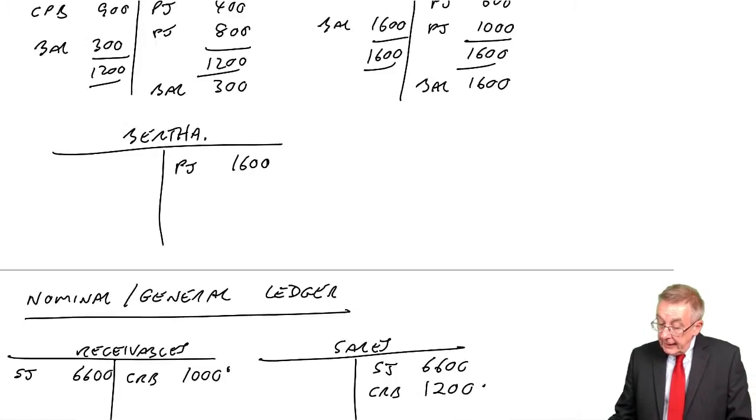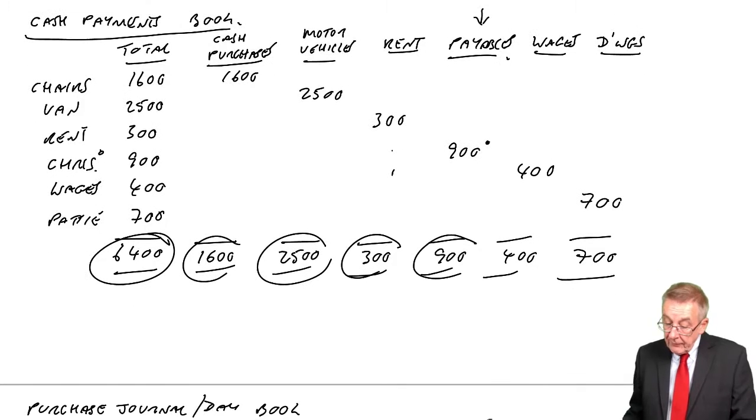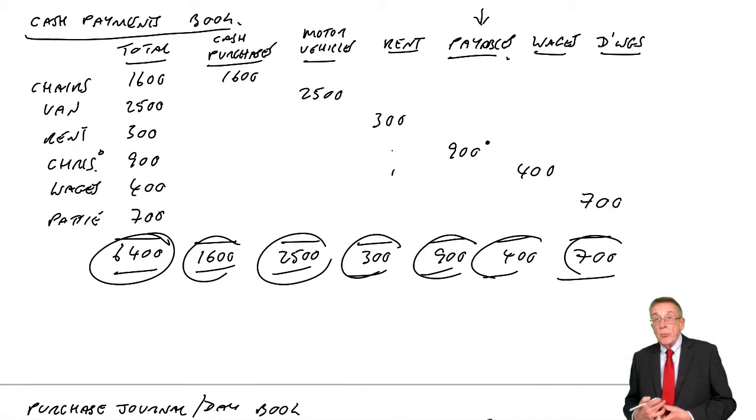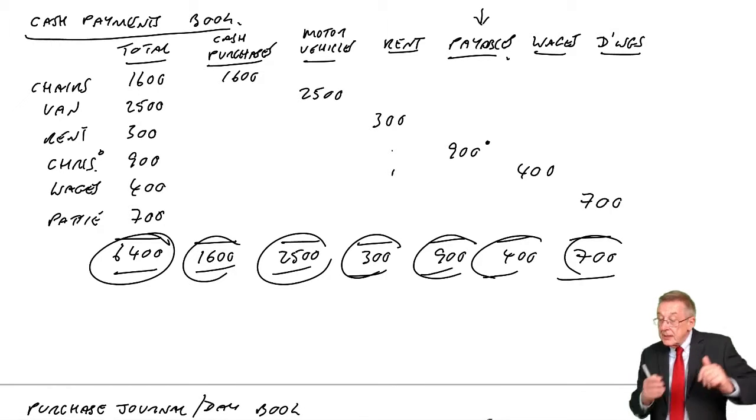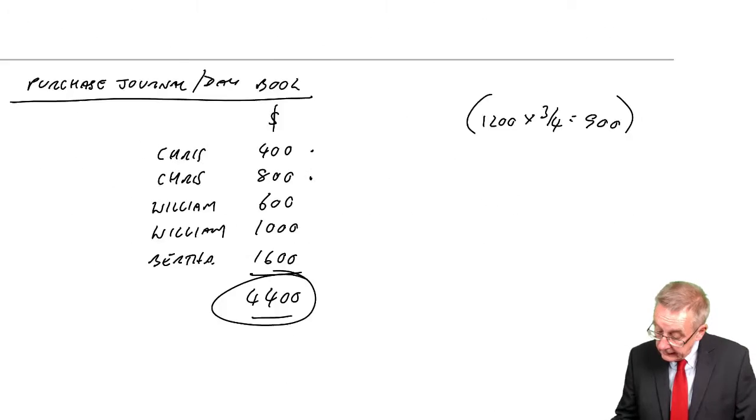And finally, wages 400, drawings 700. Credit cash, we've done that. Debit wages 400, debit drawings 700.